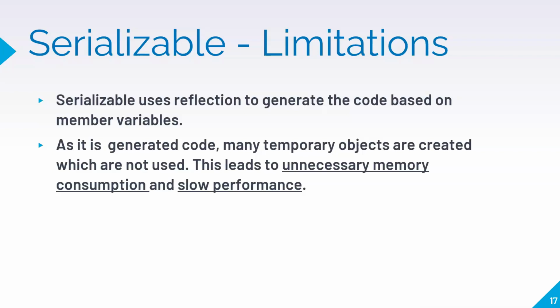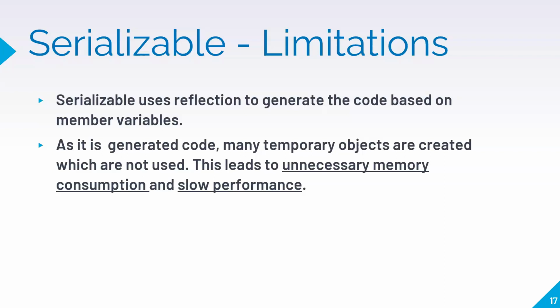These temporary objects might not be garbage collected immediately. This will lead to unnecessary memory consumption and some slowness in the performance of your application. So these two are the major setbacks of serialization.